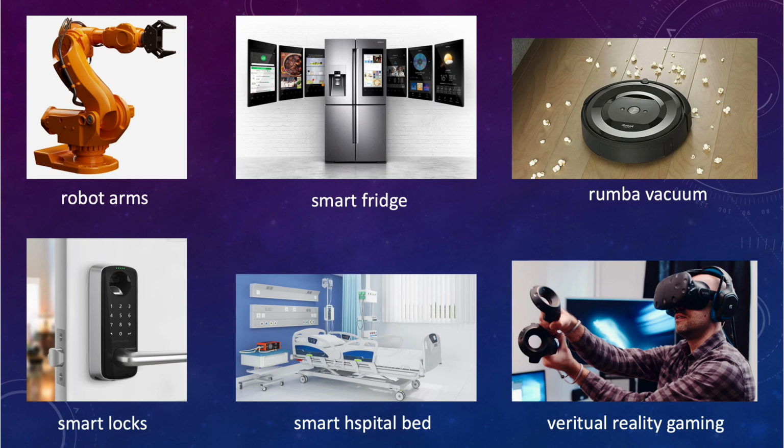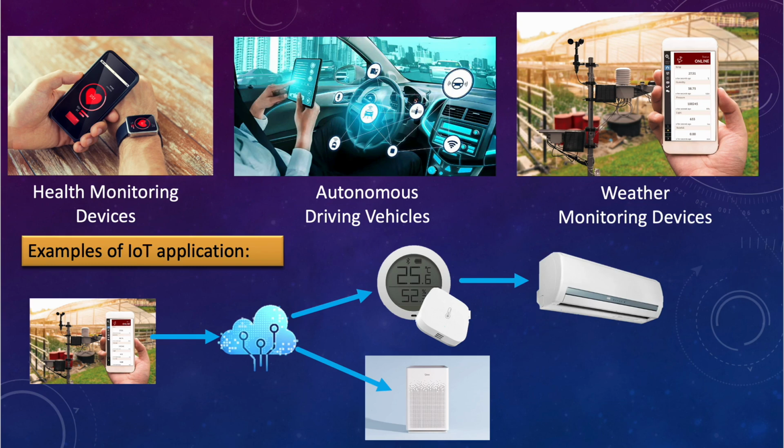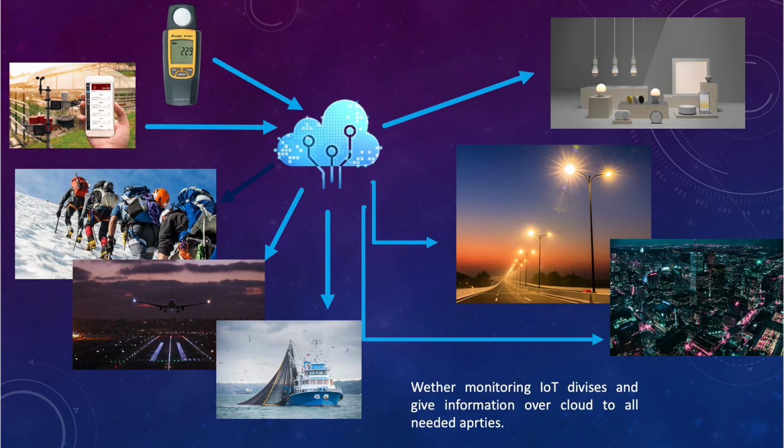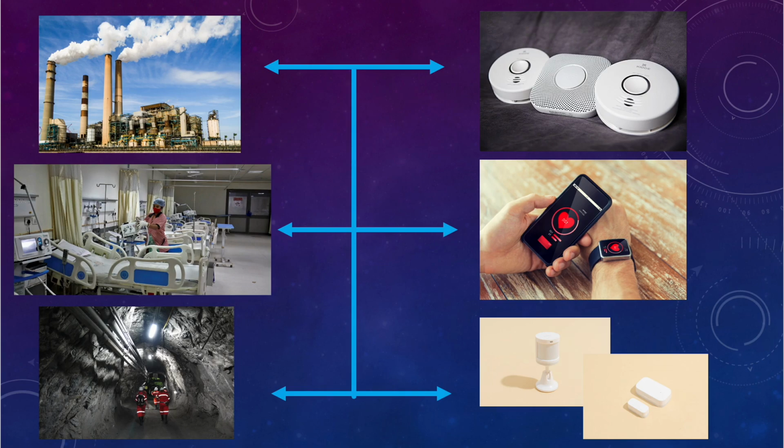We looked at different kinds of IoT devices, and then we looked at several examples of applications: a couple of IoT devices working together to resolve a situation, or a set of particular IoT devices used in several scenarios to take information for different scenarios, and a mix and match of all of them.